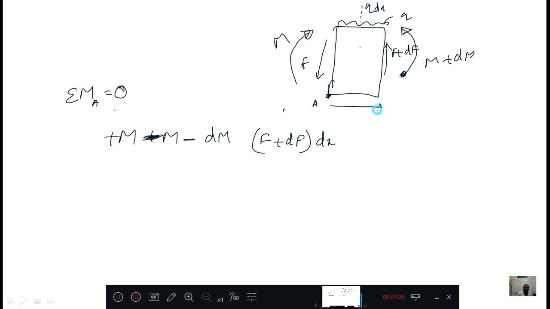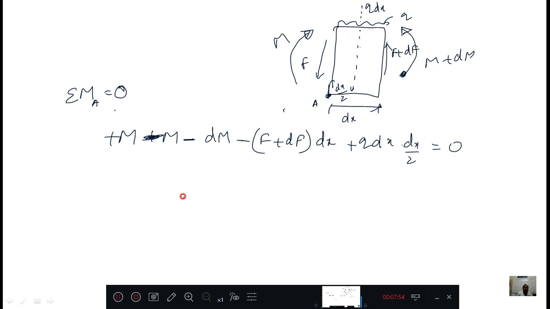This is your perpendicular distance dx, and this force is causing anti-clockwise moment, therefore it is minus. And one more force is causing moment here, that is q dx. q dx is acting here, then the perpendicular distance is dx by 2. Therefore q dx into dx by 2, and this is clockwise, positive, equal to 0.